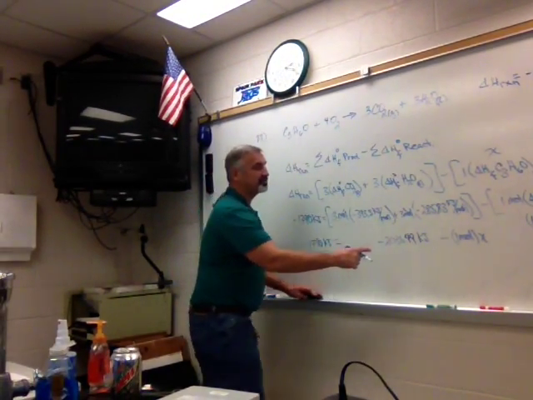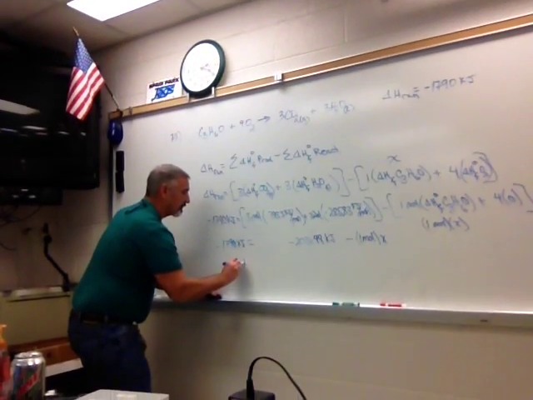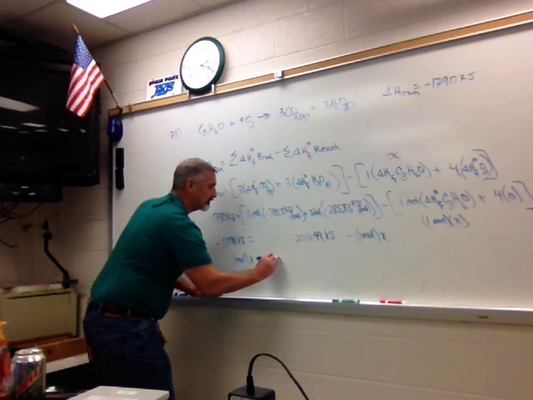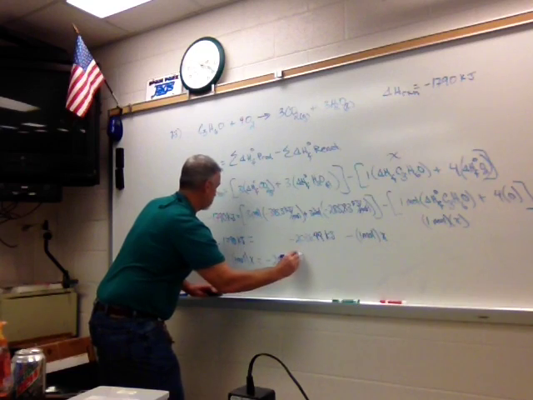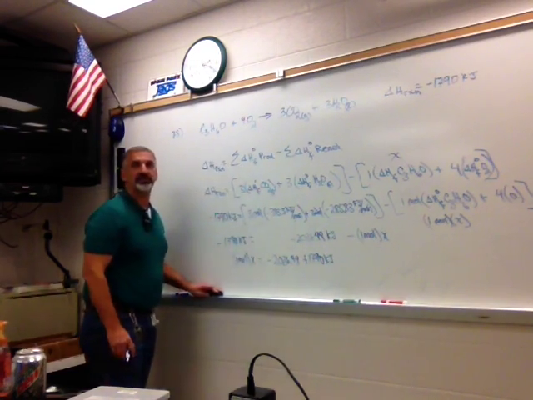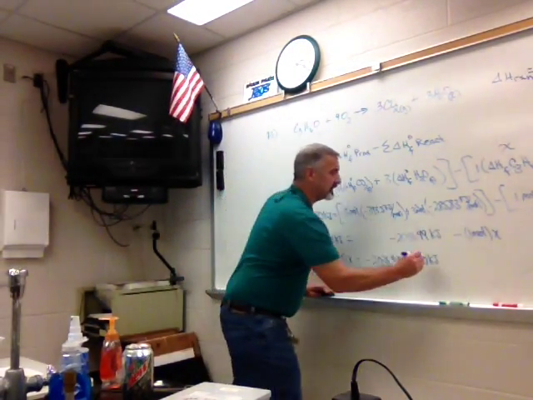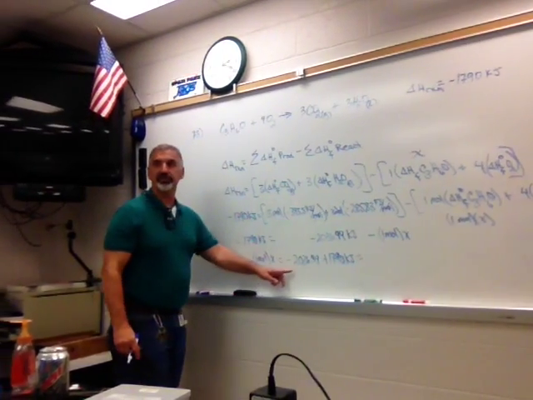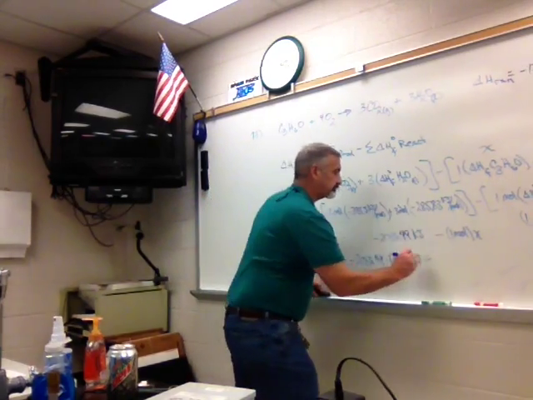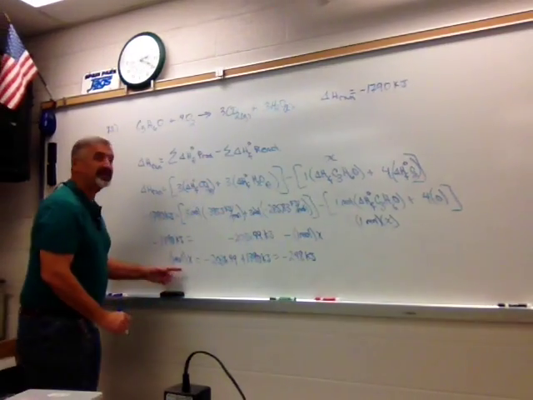So now we have to bring this X over here, so it's going to be 1 mole times X is equal to negative 2036.49 plus 1790 kilojoules. So this is going to equal your negative 248, right? And that's kilojoules. But we haven't isolated X yet.